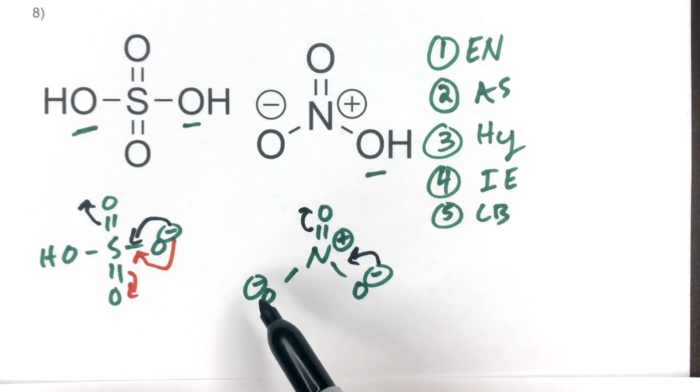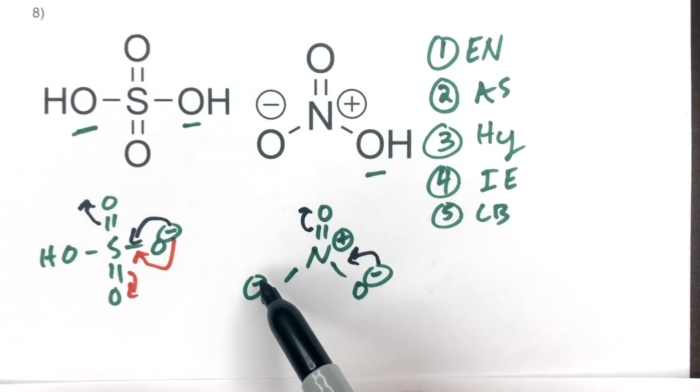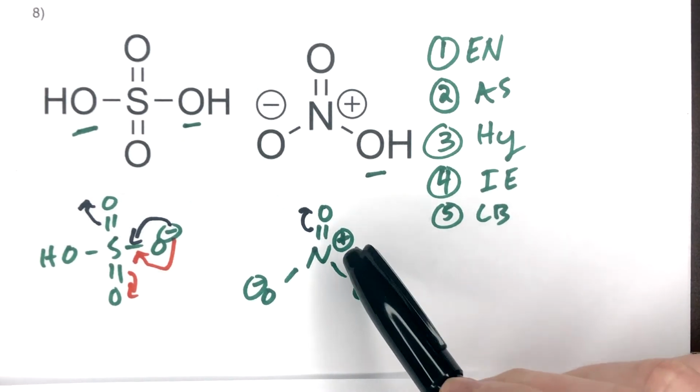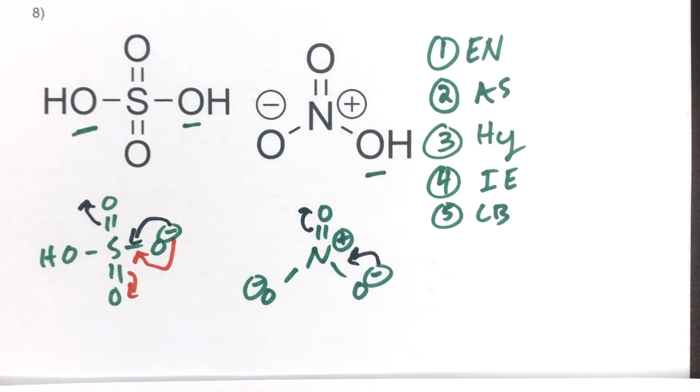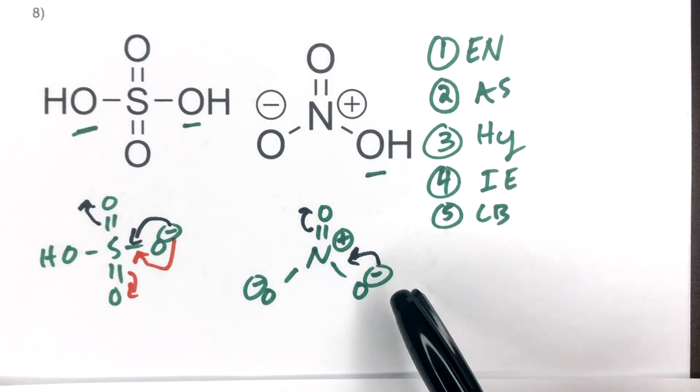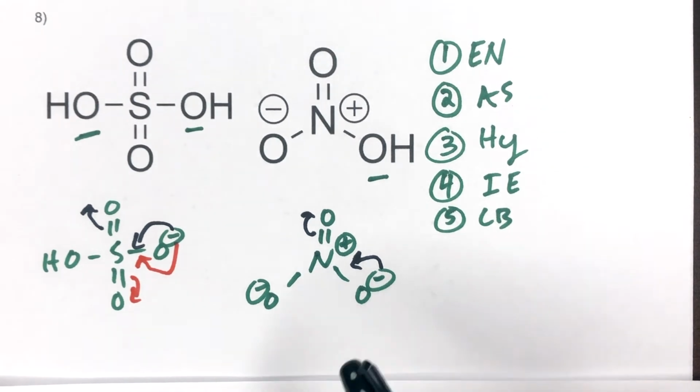There are more because you can delocalize this negative charge as well, but that isn't what we're assessing for the acid strength here, right? You want to look at how the negative charge that's created from the acid-base reaction is delocalized. And here it can only be delocalized once. It cannot delocalize in any other way because this negative charge can also delocalize, but it won't influence this charge, which is the one that we're interested in.